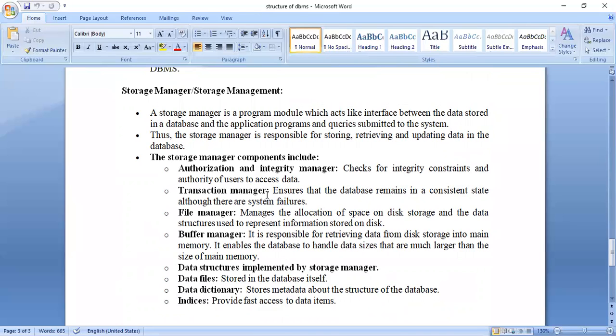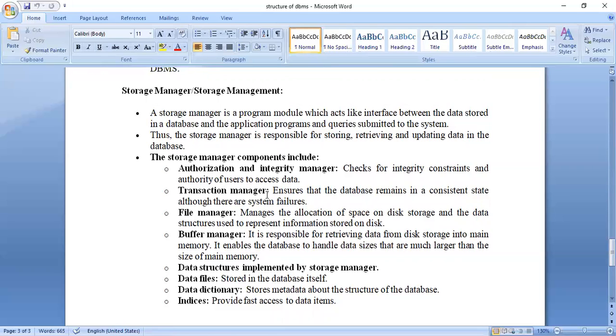Otherwise, if it has completed completely, then it will simply commit. So the transaction manager keeps track of all such tasks in the database. If there are any system failures also, by using rollback, save point, and commit, it will make the entire database be in a consistent state. Simply, ACID properties are maintained by the transaction manager.